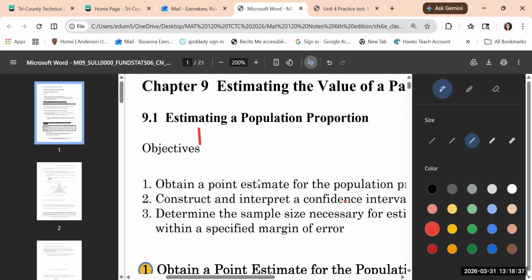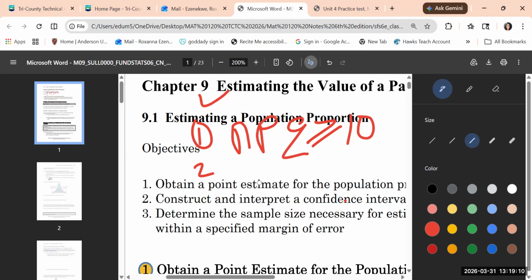Condition number 1 is that n, the sample size, multiplied by success multiplied by failure must be greater than or equal to 10. And what does this mean? This is the variance. So the variance of that data must be greater than or equal to 10. That is condition number 1.